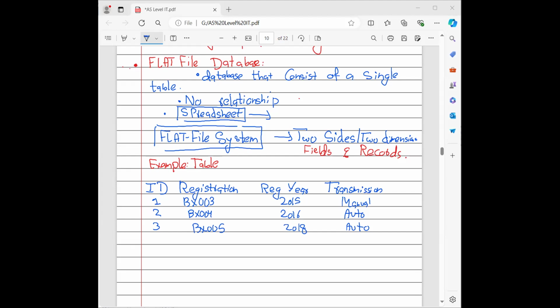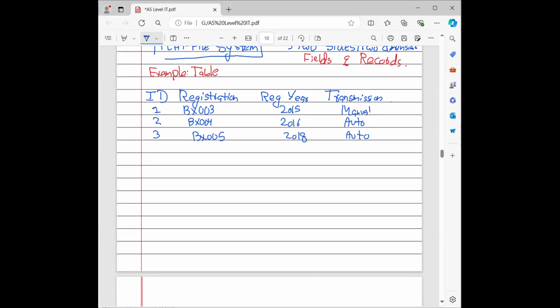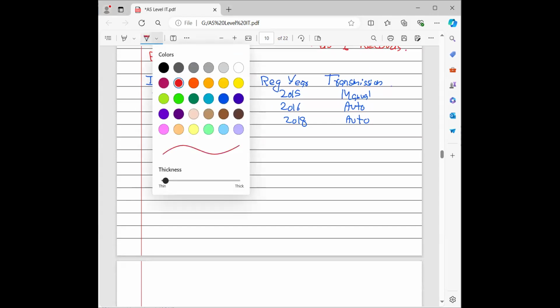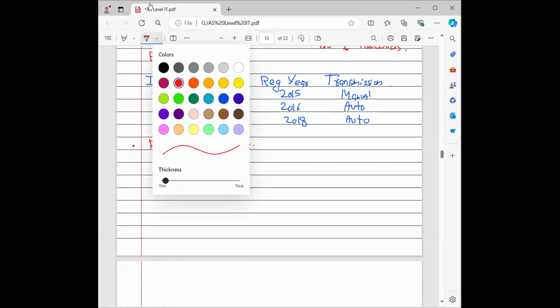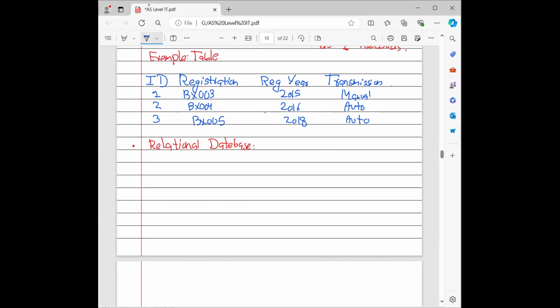Now, let me discuss an example of a relational database. A relational database is the one in which everything is connected. If it is a relational database, that means all of the tables are connected with each other.